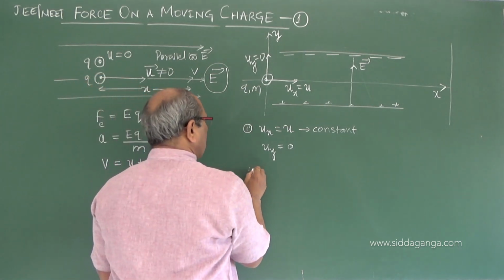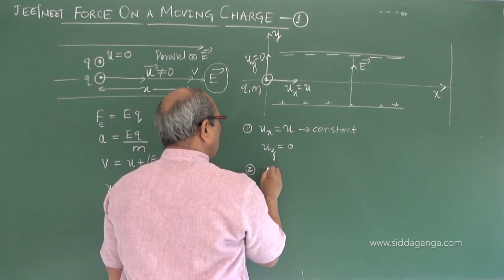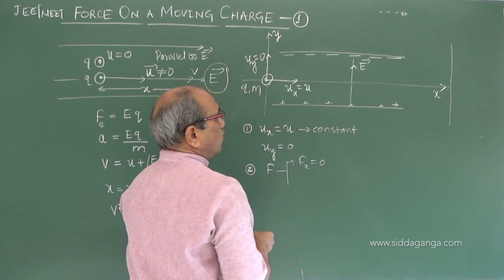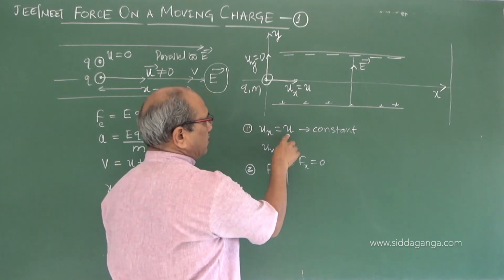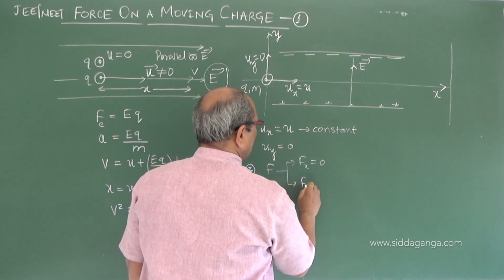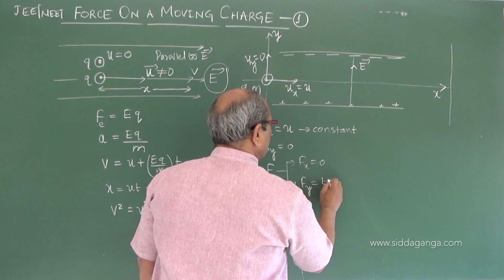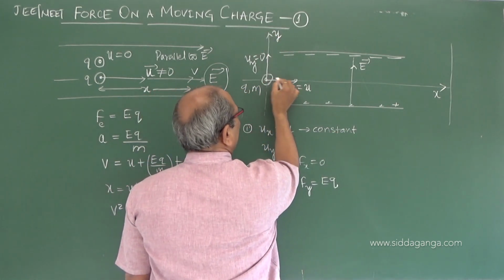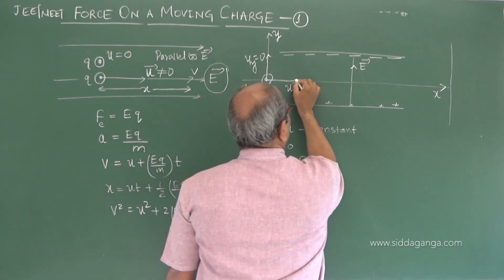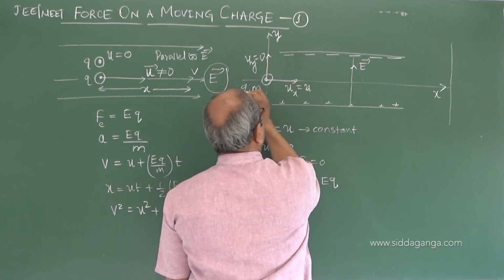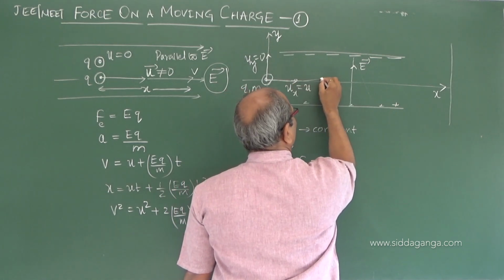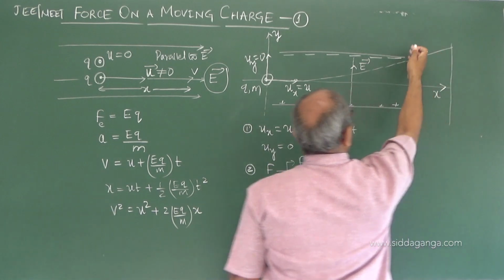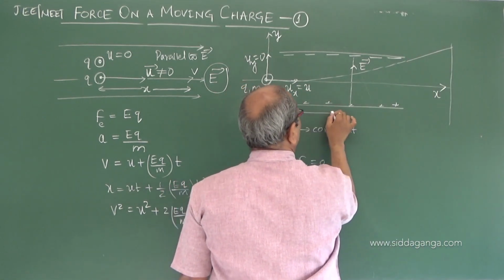And again, the second point: force along the x direction is 0. No force along the x direction, so u remains constant. But force along the y direction exists, that is EQ. Because of this force, the positive charged particle experiences a force in the field direction, and slowly its path changes and it is emitted out of the electric field, which is of imagined length x.